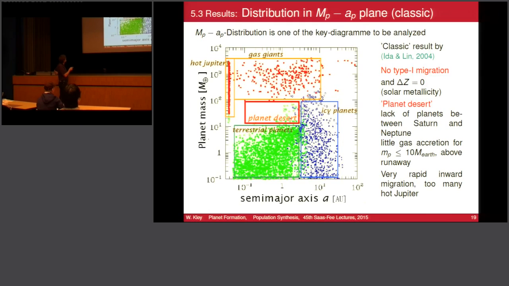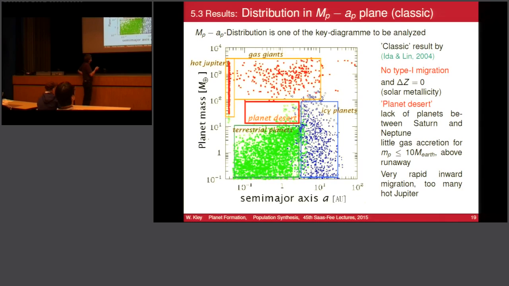You can't really say how many are there. There are very many. You have a planet desert, you have icy planets and terrestrial planets. So in principle, all the later diagrams look similar. So I could stop here and say nothing more, but there are, of course, the details which are important. Too many Jupiters and so on.